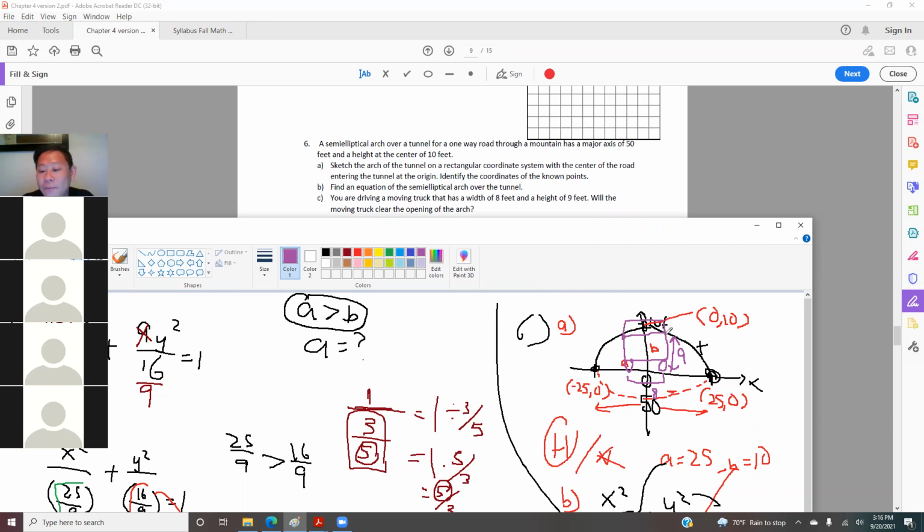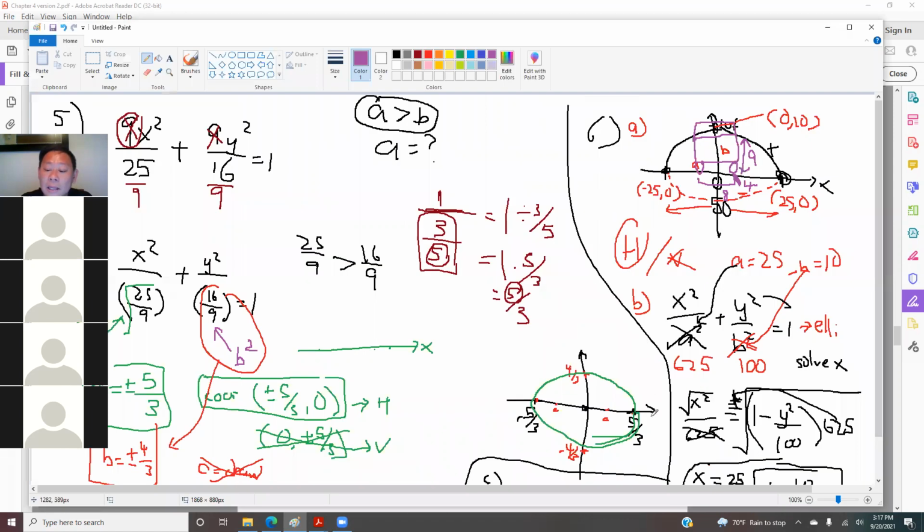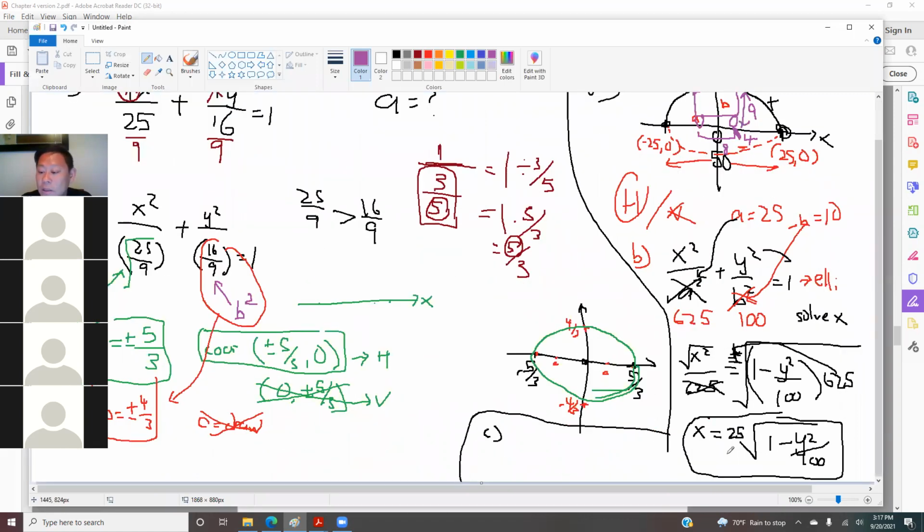If it's above the line, we probably will not drive through it. If it's below this line, then yes. So can someone tell me what x value we should plug in here? From here to here is 8 feet, so what is the value from 0 to there? 4.